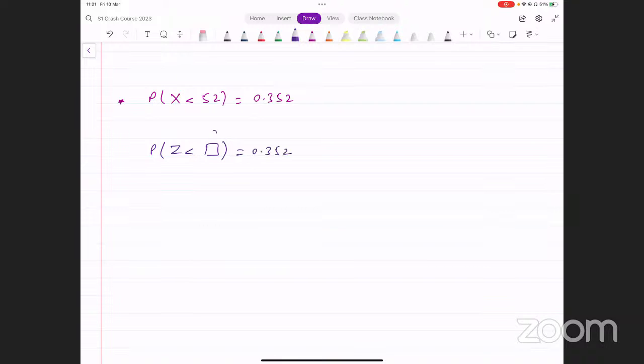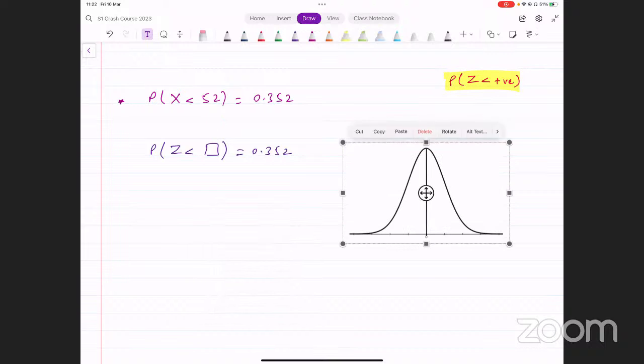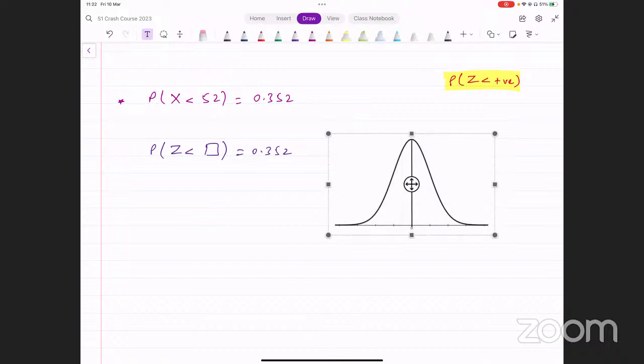And now we need to figure out whether this value is positive or negative, because we need to have the standard form for using the table, probability of z less than positive. If we don't have the standard form, we can't use the table. So how do we figure out whether z is positive or negative? We think of the curve. This is what the curve looks like. Now, there's a less than sign.